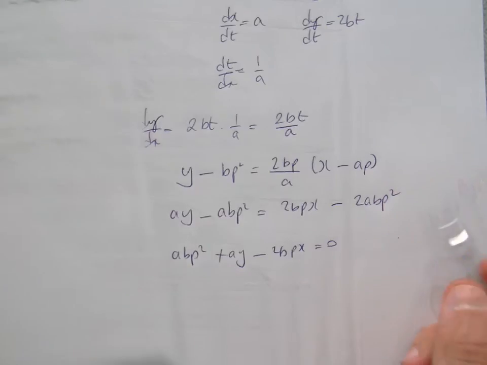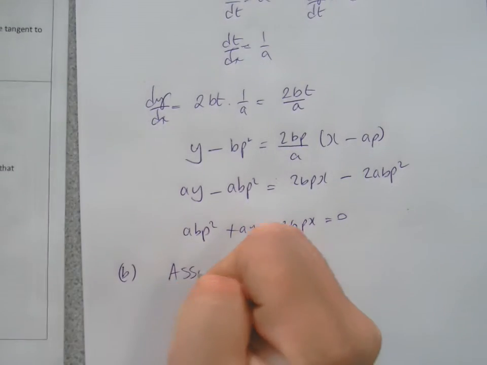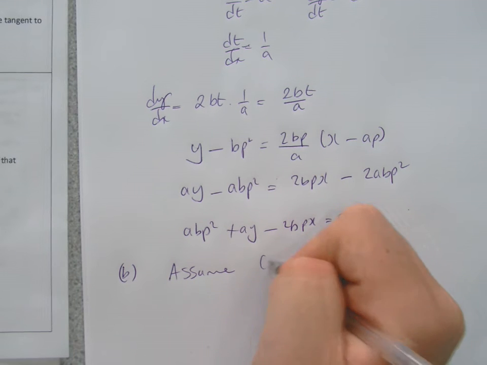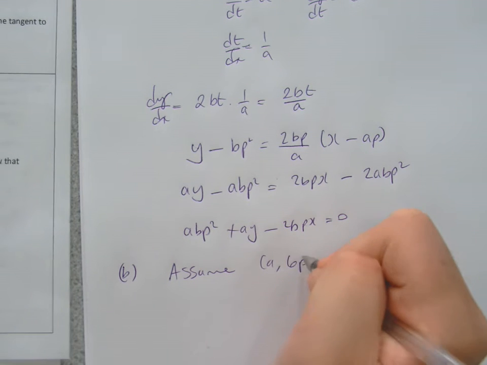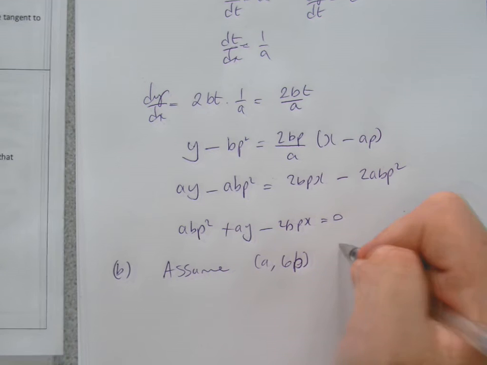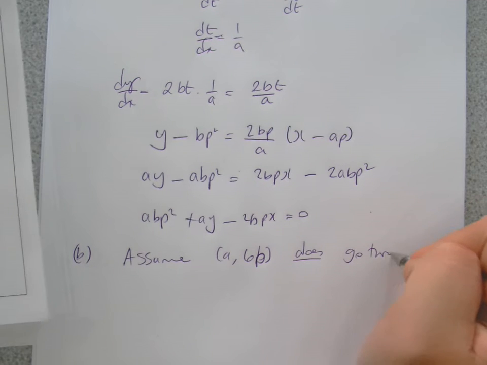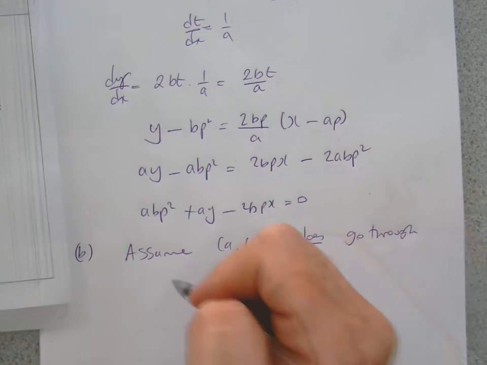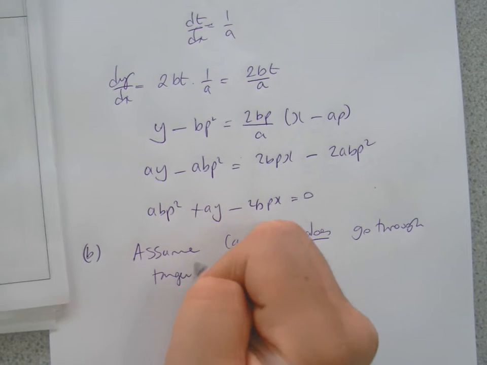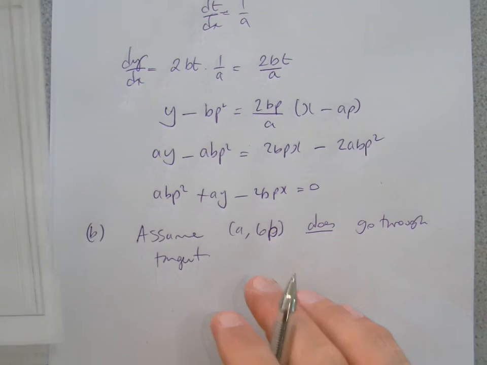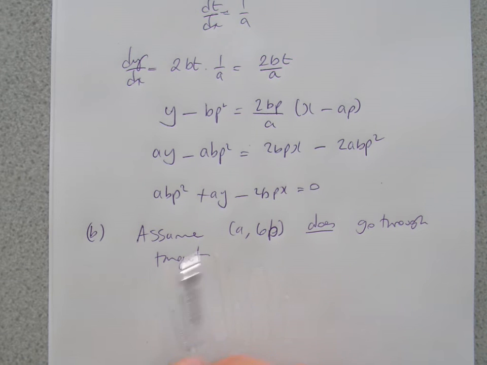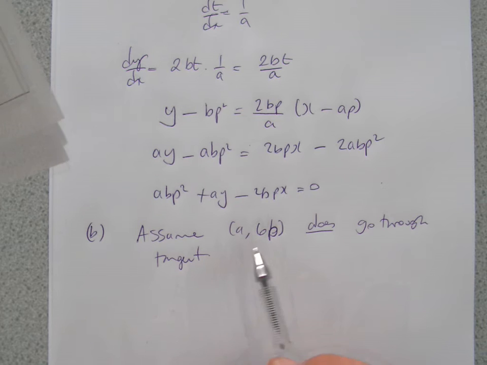Let's assume that a, 6b does go through the tangent, or the tangent goes through this point rather. You get where I'm coming from? Let's assume the tangent goes through this point.